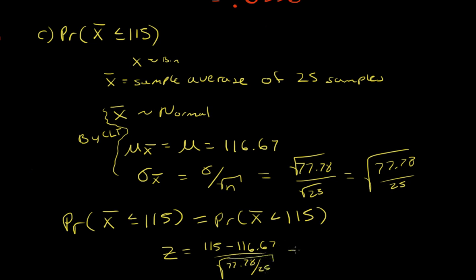If you calculate this, I think you should get negative 0.95. So this is the probability that z is less than negative 0.95, which is 0.1711.